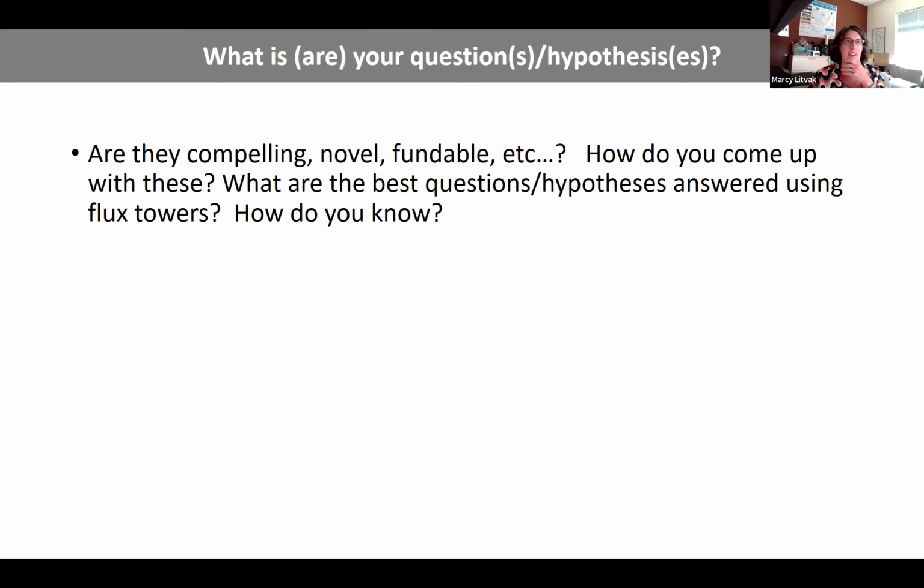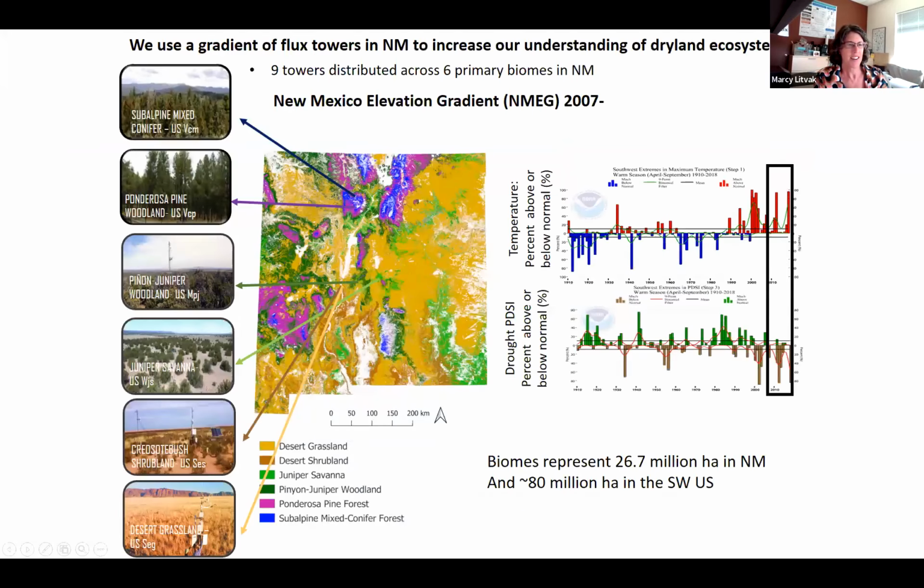Because when I got my job here in New Mexico, I was fortunate in that these 2 high elevation towers were set up as part of an NSF funded project, a science and technology center called SARA. Nobody was running them. These 2 low elevation sites, the creosote bush and desert grassland towers, were set up as part of a NASA funded project to validate remote sensing products.